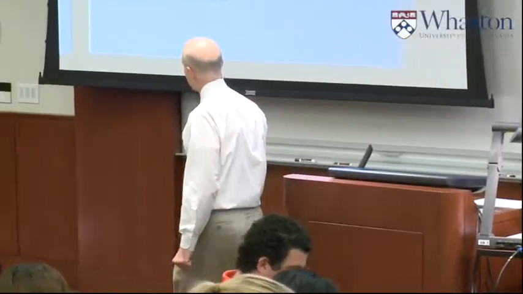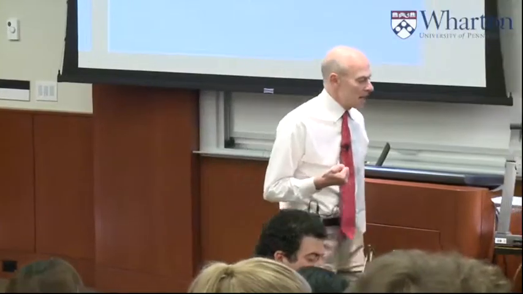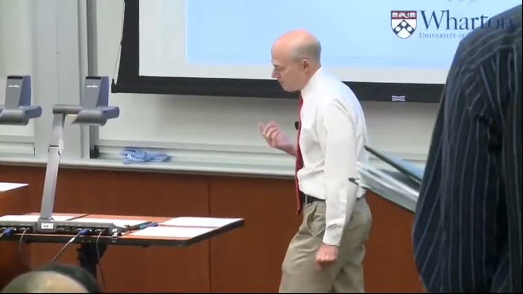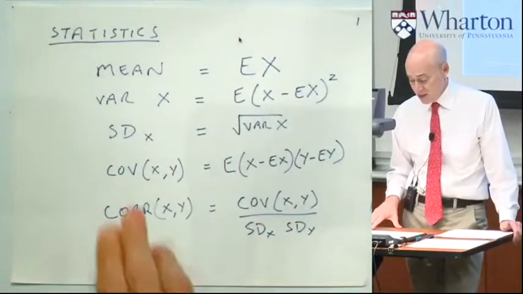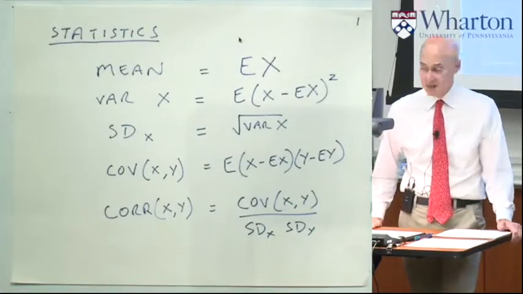Now remember, we're thinking about things in terms of stock returns. So our random variables here are stock returns. We often want to have measures of how spread out things are, which have the same units as the mean, and that's what standard deviation is.